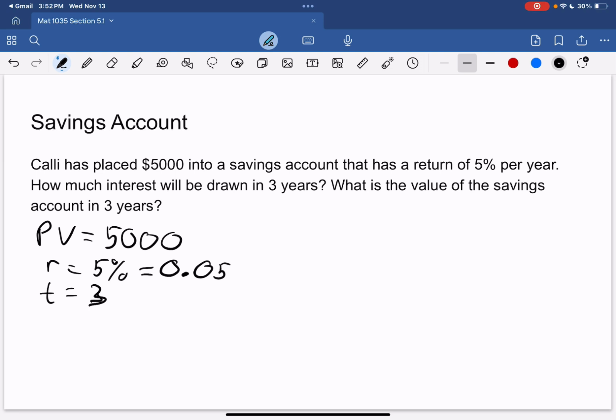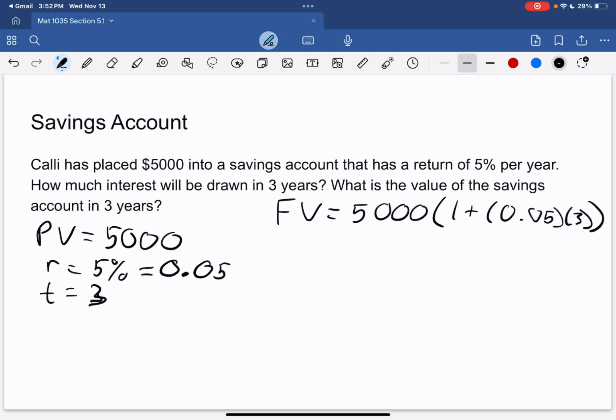To find the future value, that's the value of the account. What is the value of the savings account in 3 years? I say that's 5,000 times 1 plus my rate of 5% times my time of 3. I plug that in the calculator and I get 5,750. That answers the value of the savings account.